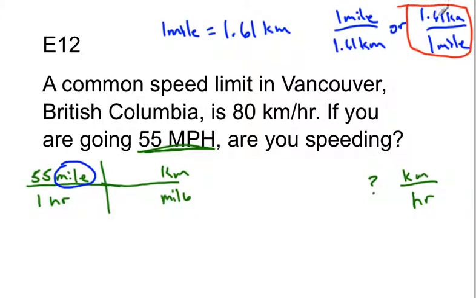So I want 1.61 on top and 1 on bottom. There we go. Mile's going to cancel out with mile. I'm going to have kilometer left. So miles gone. Kilometer, hour, that's what I want, kilometers per hour. So take 55 times 1.61, divide by 1, and there's your answer.